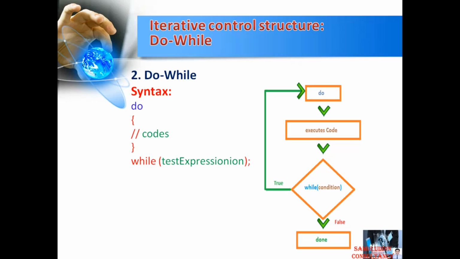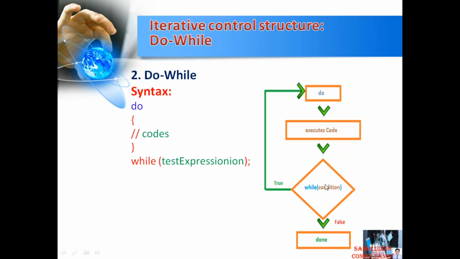Here please look at the flowchart of do while loop. As you can see, after the code is executed, then only the while condition is checked.